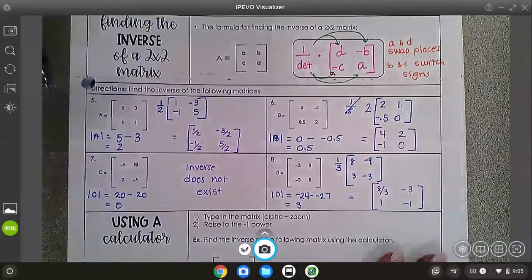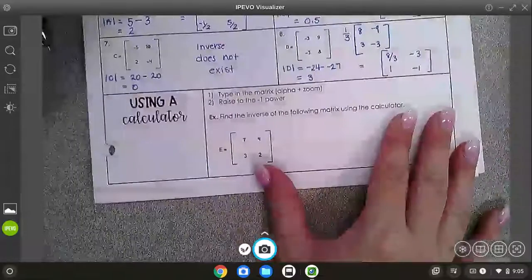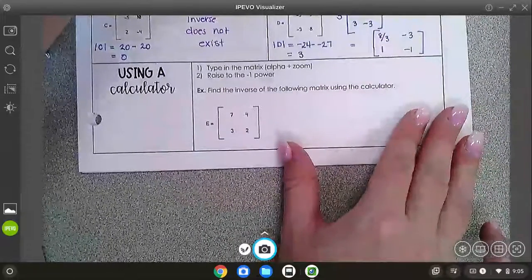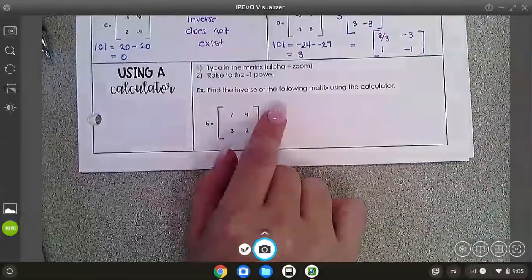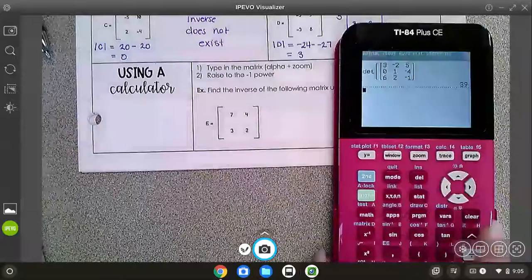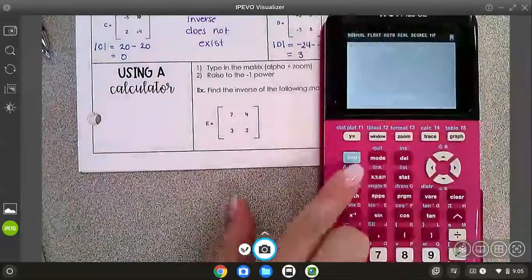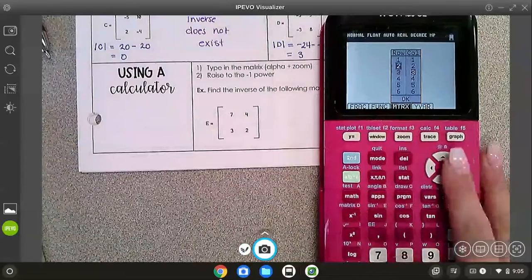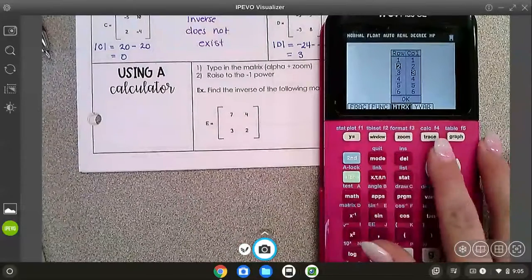Okay. So here's how you use a calculator to do the inverse. For determinant, there was a button that you had to press first. For inverse, you actually type in the matrix first. So let's go type in this 2 by 2 matrix.